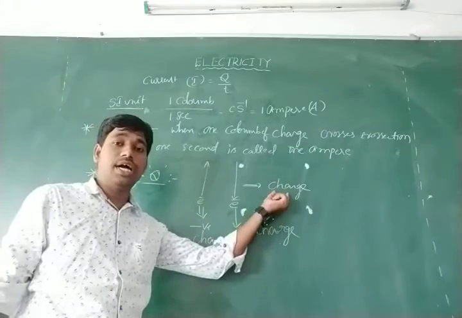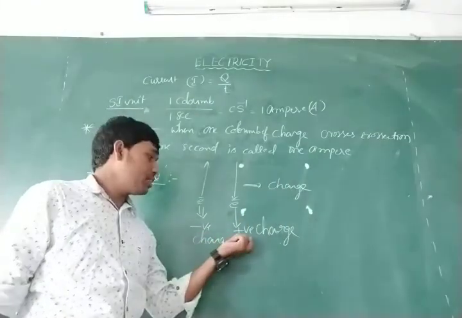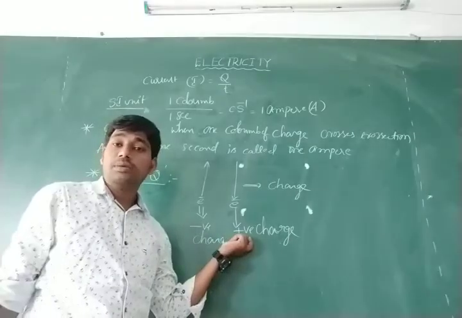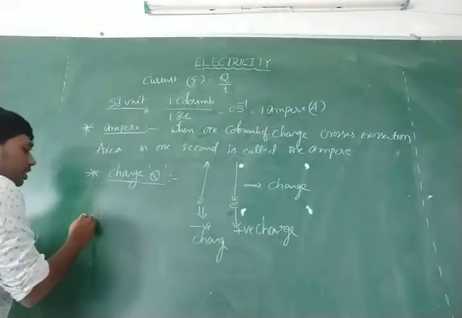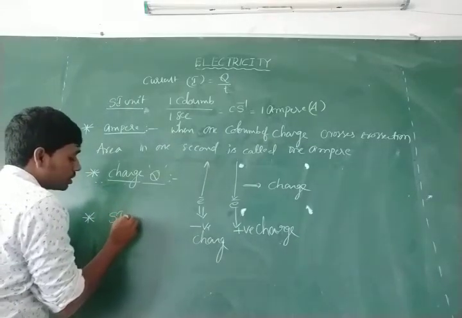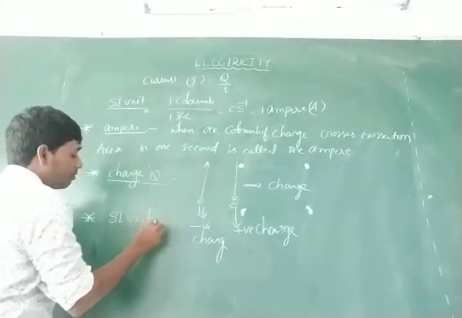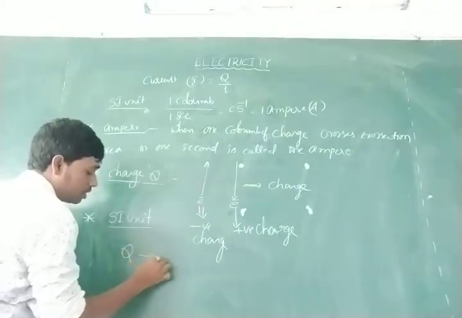Excess of electrons means it is negatively charged. Deficiency of electrons means it is positively charged. Then charge is measured in coulombs. So the SI unit of charge is nothing but the coulomb.